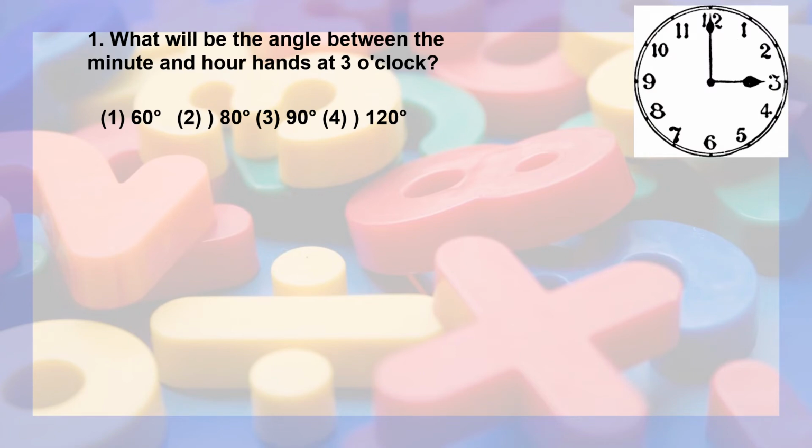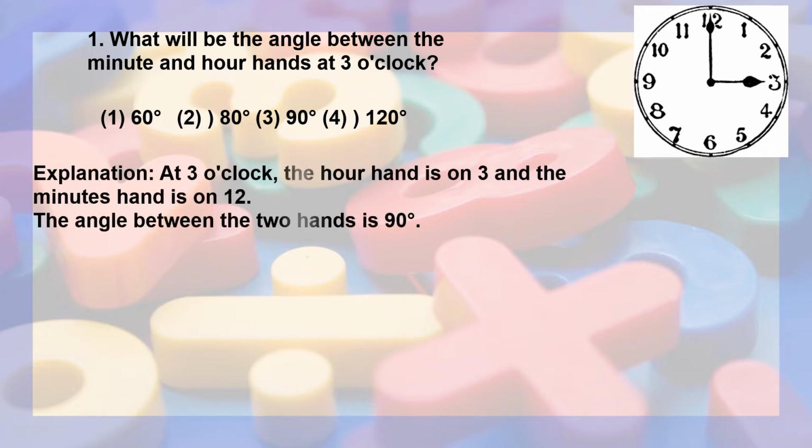Here you can see I have a clock and you can see the angle being formed between 12 and 3. Now at 3 o'clock the hour hand is on 3 and the minute hand is on 12. The angle between the two is 90 degrees, right? Next question. How many angles are formed in the given figure?